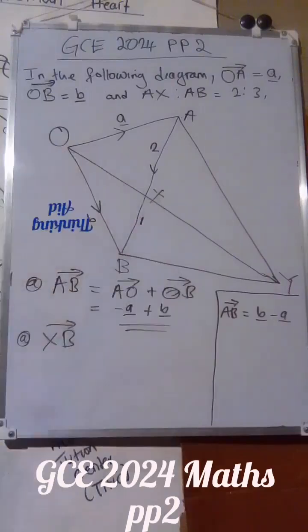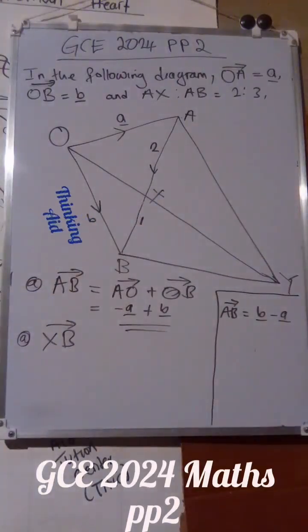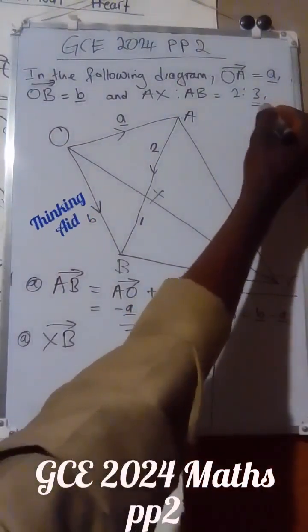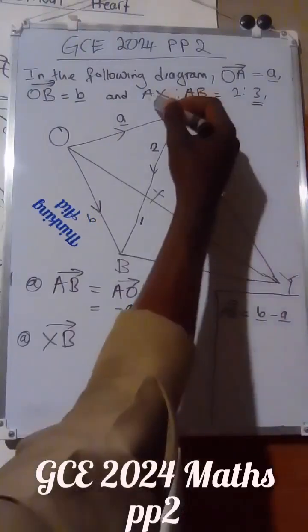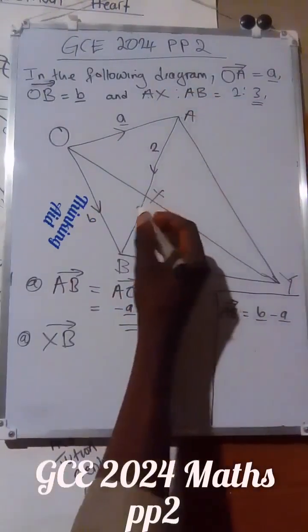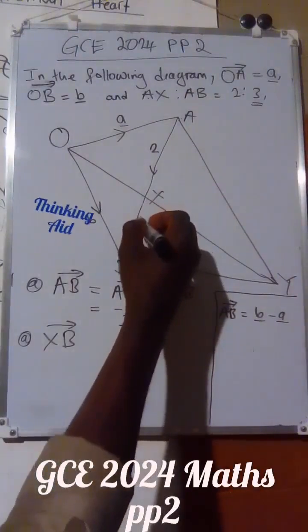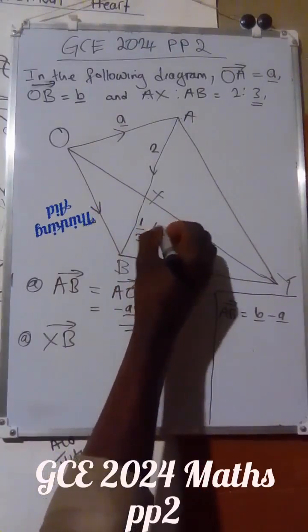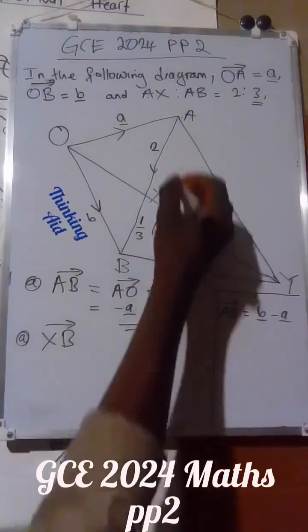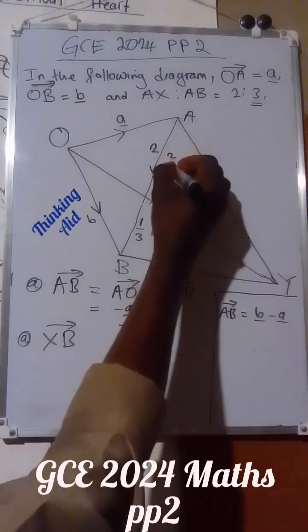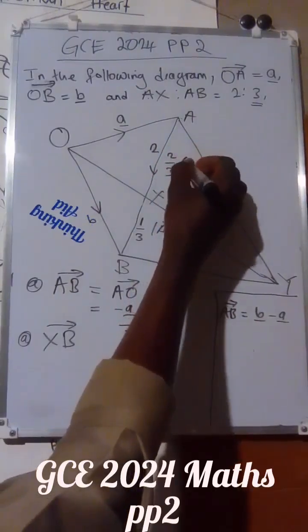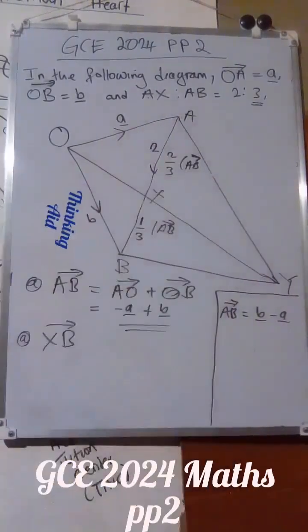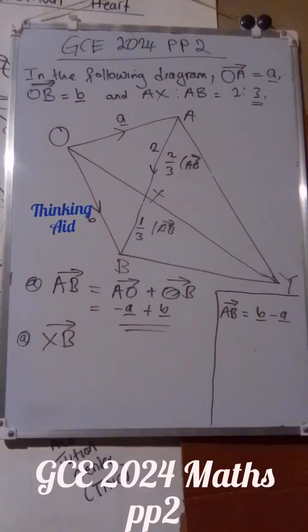When you look at the whole line, the line AB is given in a ratio equal to 3. So the whole line is 3, but from A to X is 2, implying that this part is 1. So this part is 1 out of 3 of vector AB, and this one is 2 out of 3 of vector AB. In short, AX is 2 over 3 of vector AB, and XB is 1 over 3 of vector AB.